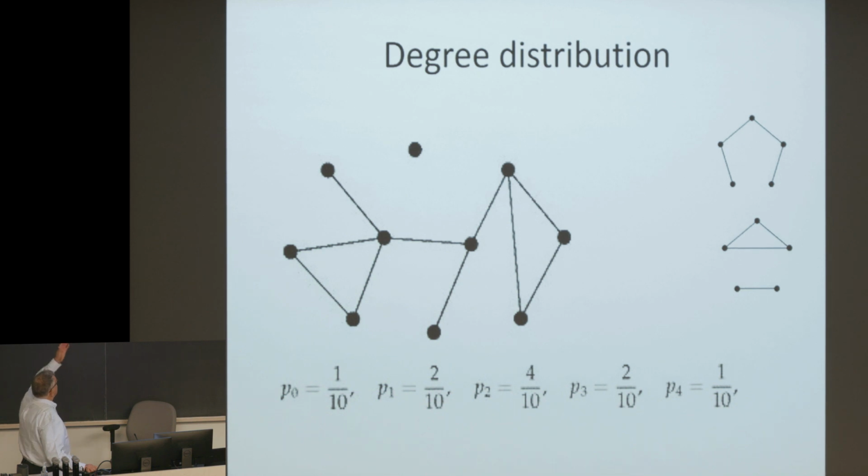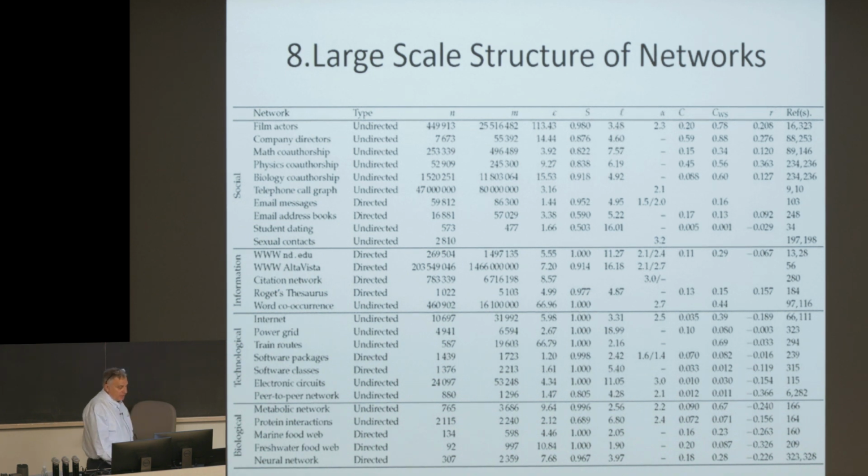Basically, you just count how many nodes have degree 0, how many have degree 1, 2, and so on, and you find the fraction of such nodes, and you determine the histogram of degrees of each node. Now people have a large collection of data. This is the century of big data.